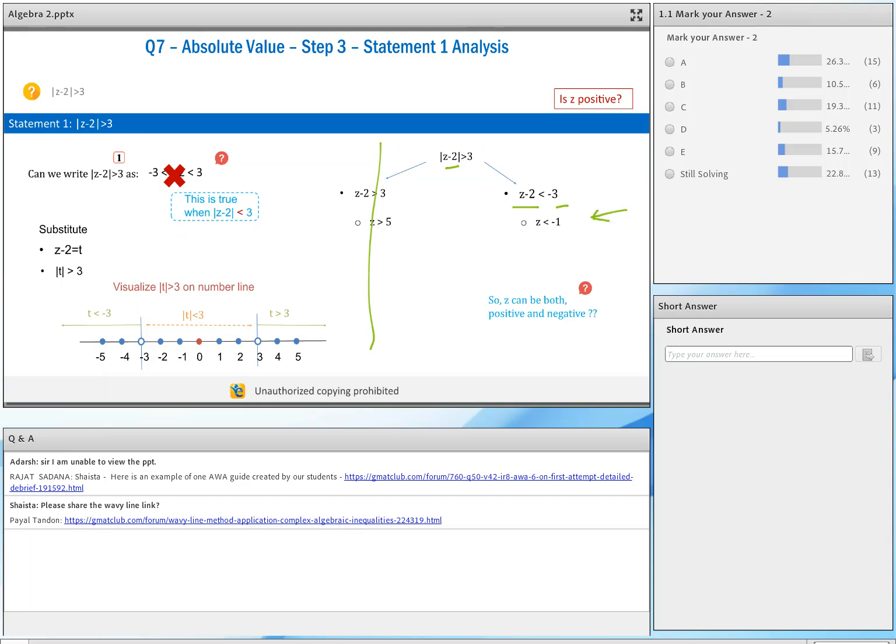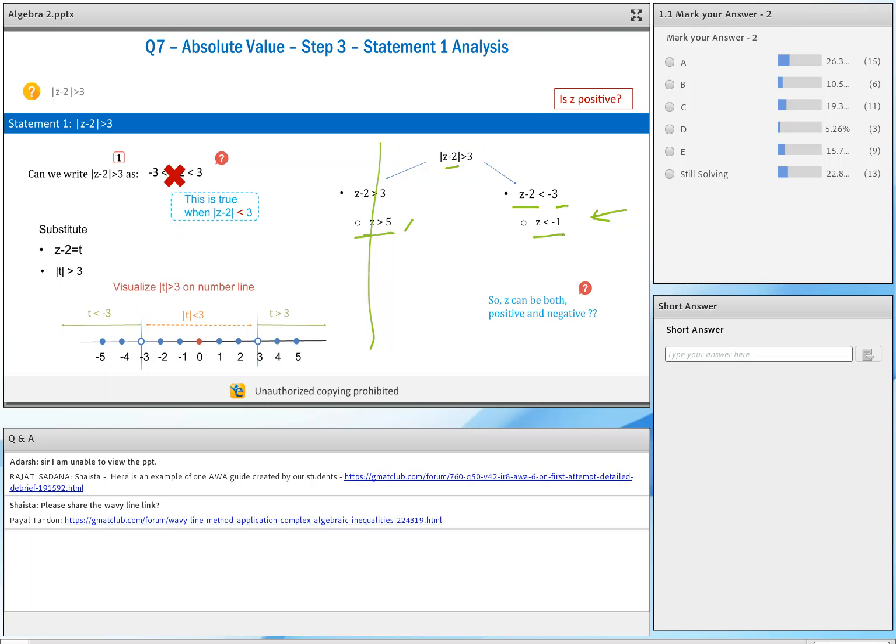So really speaking, over here what I'm getting is that either z is greater than 5 or z is less than minus 1. But what I already know from my question statement is that z cannot be greater than 5.